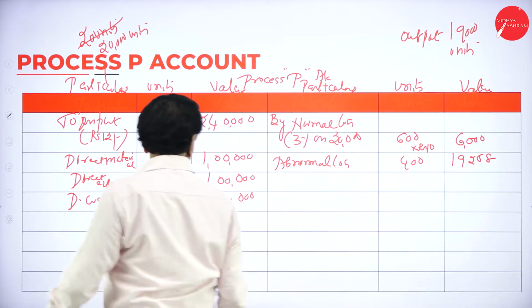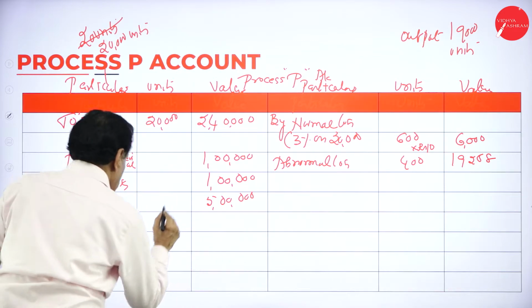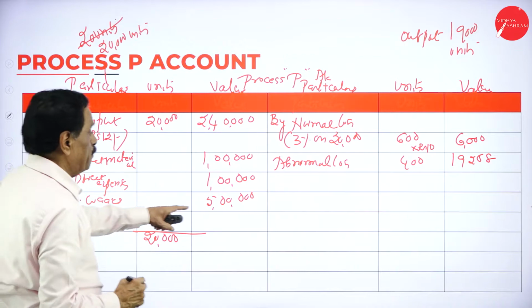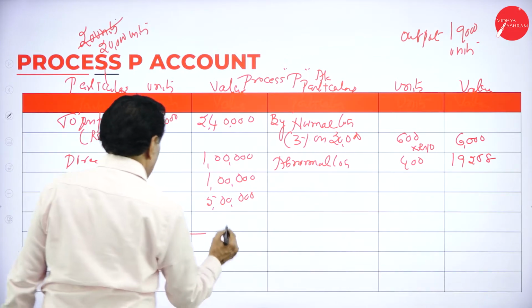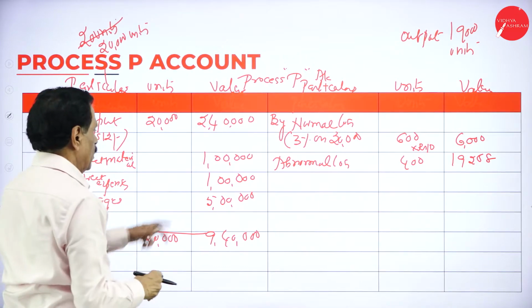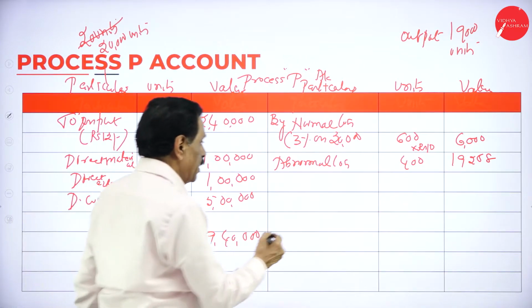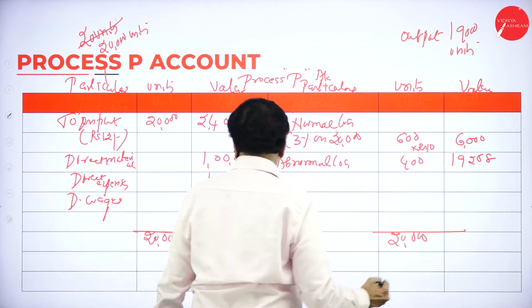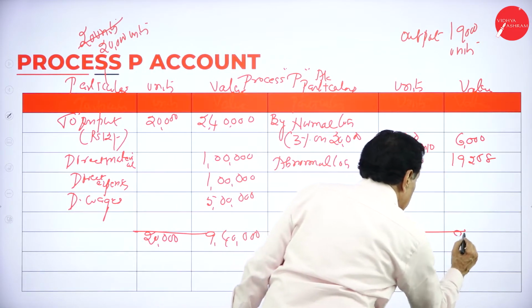So add the figure. This is 20,000 units. 5 plus 6, 7, 8, 9,40,000. Here 20,000 units, 9,40,000.